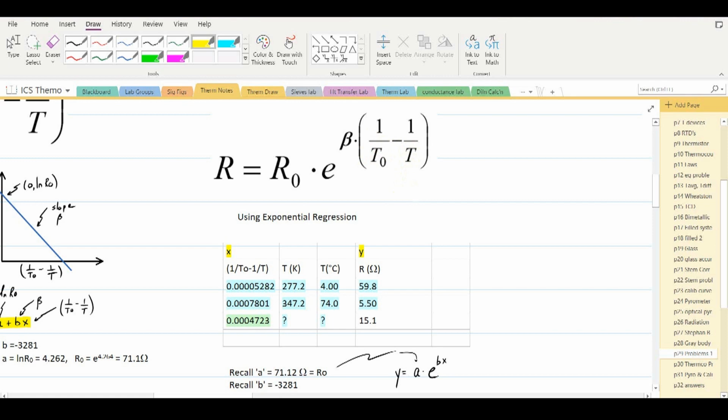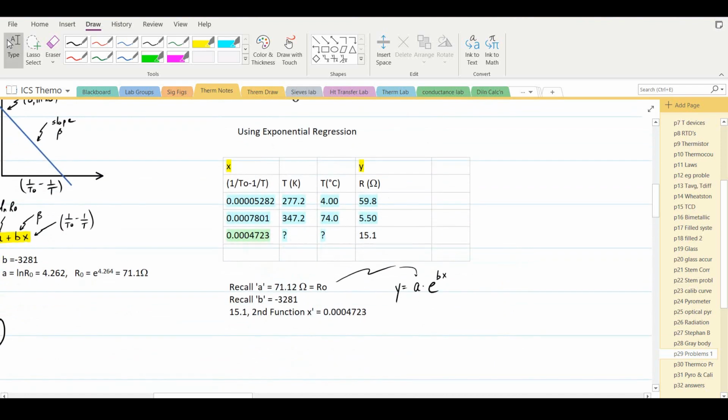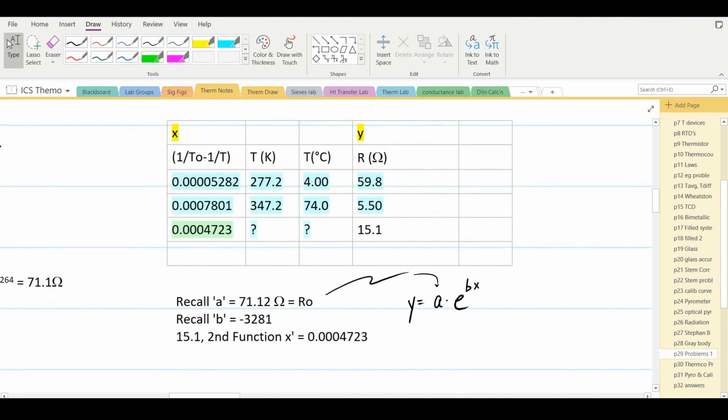This is not linear regression. So you'd enter these 4 points into the regression mode of your calculator, x and y, x and y. You can then recall the regression coefficients.